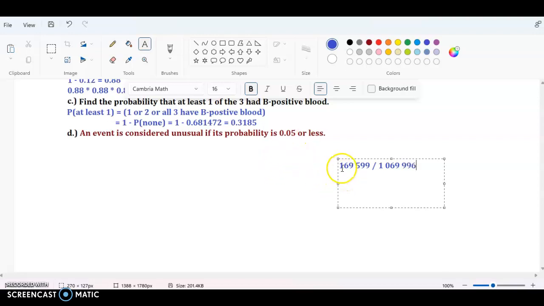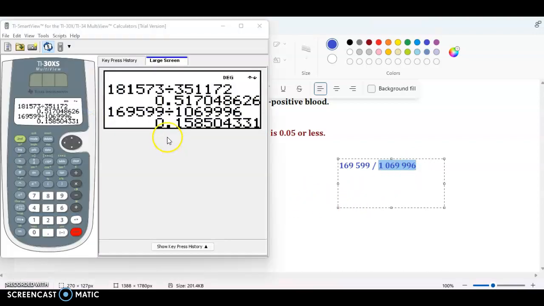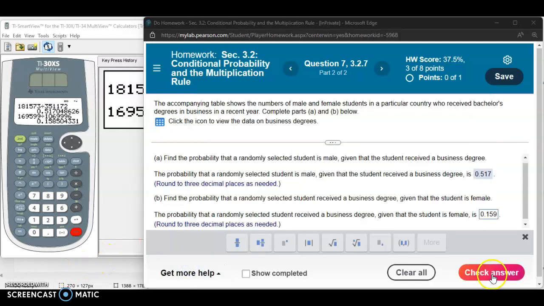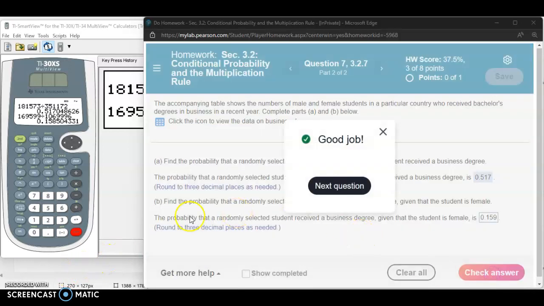So we divide the number of female students with business degrees by the total number of female students, which is the total number of students that have the given event. Go ahead and put that in your calculator, round to 3 decimal places, so it should be about 0.159. Let's go ahead and check our answer. And it's correct.